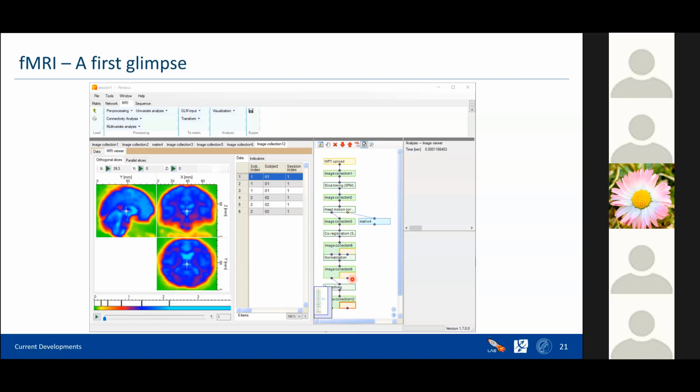And also it should be easy to combine it with other kinds of analysis, because you can have as an output some kind of matrix, or you can transform everything to a matrix. Then you can use all the existing tools for matrices, or also for networks if you want to do some kind of connectivity analysis. So you can use all the existing tools to analyze your data with the matrix or network capabilities Paseos already has.